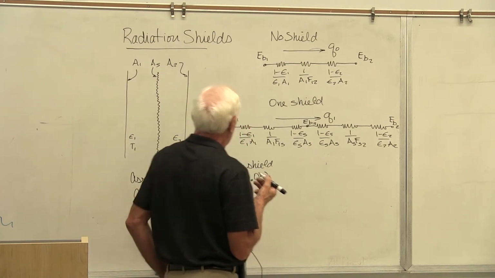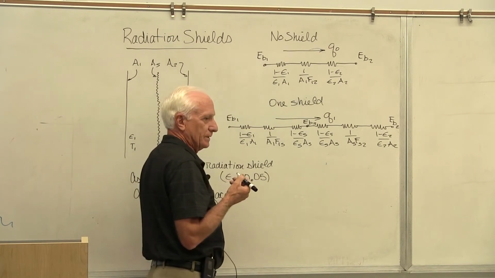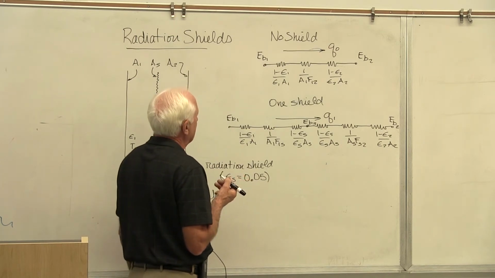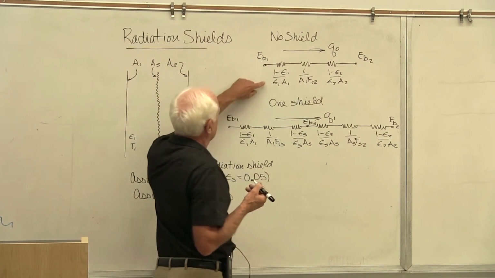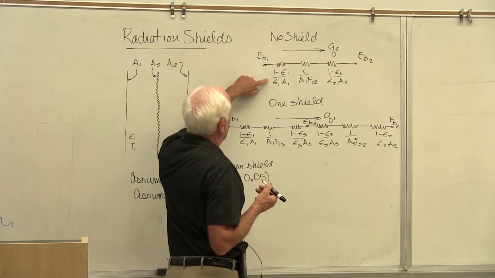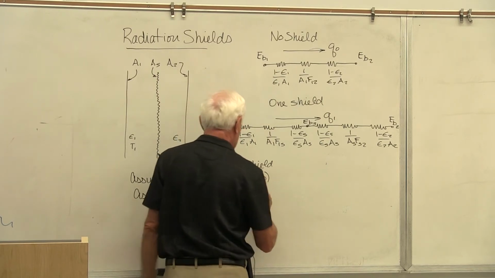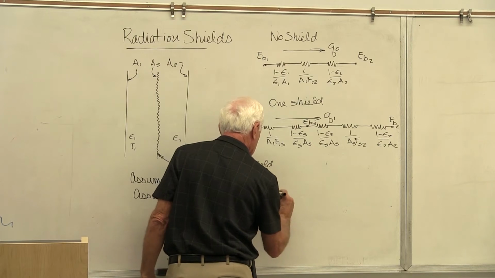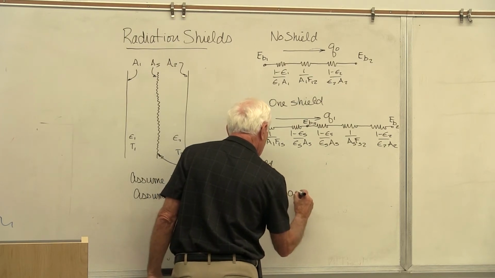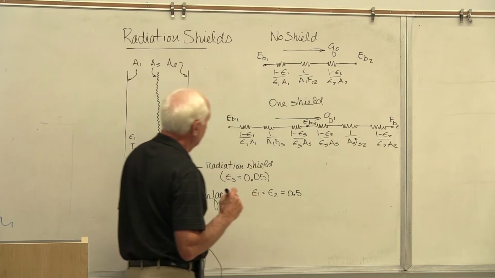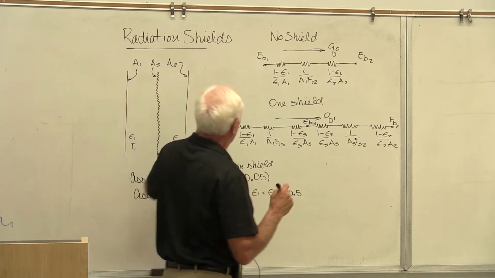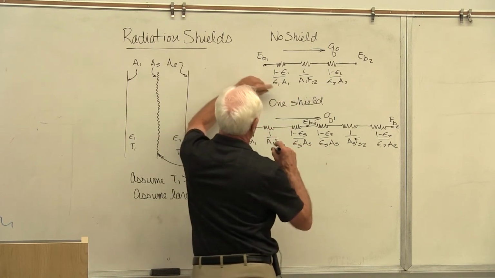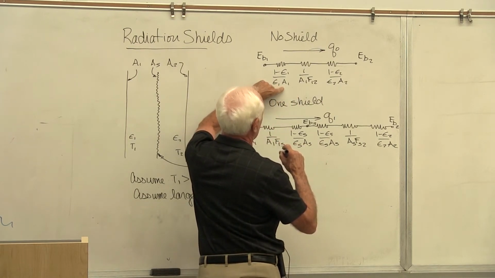So, we can play some numbers game. Say the emissivity here is, let's say epsilon 1 equal epsilon 2 equal 0.5. Notice the areas are all the same.